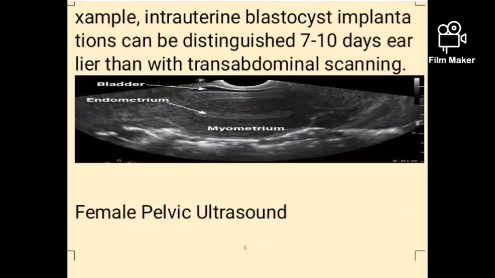For example, with transrectal and transvaginal ultrasonography, you can appreciate intrauterine blastocyst implantation 7 to 10 days earlier than you will see with transabdominal ultrasound scanning. Right here is an illustration of a female pelvic ultrasound scan, and you can see the various parts of the uterus there, the myometrium and the endometrium especially.